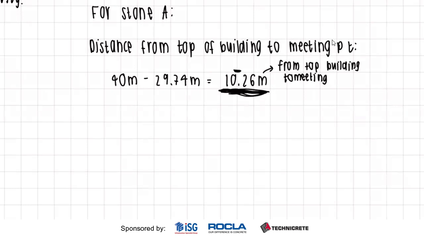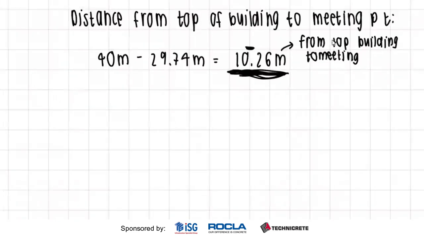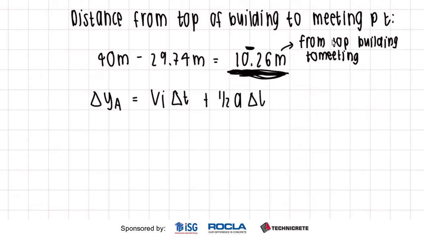The best formula to use is the change in y of stone A, the change in the height of stone A, which we know is 10.26 meters, equal to the initial velocity times the change in time, which we don't know, plus half the acceleration times the change in time squared.